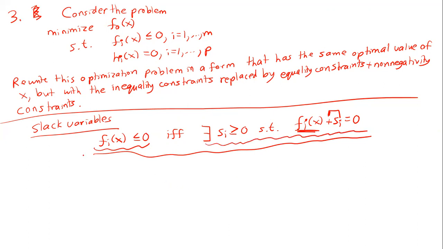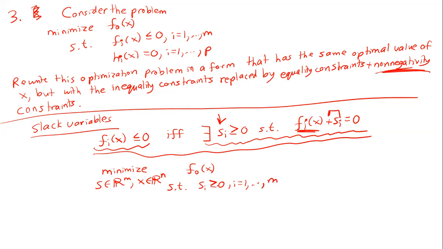we can replace our constraints. So we can say, okay, minimize over s in Rm and x in Rn. Now we are increasing our number of decision variables because we're adding these slack variables. These are the slack variables. And it will say f0 of x such that si is greater than or equal to 0 for i equals 1 to m. This is a non-negativity constraint.